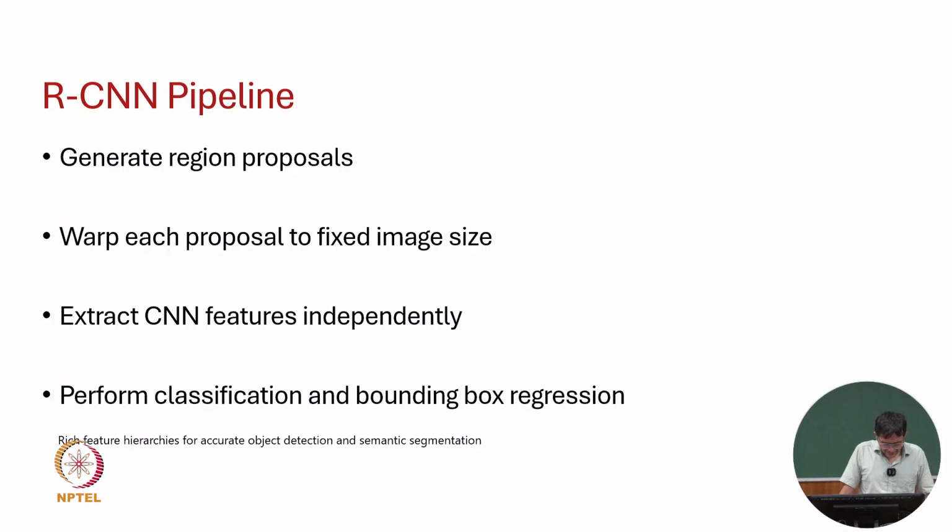Okay, with this, let us now start thinking about the RCNN pipeline. The pipeline will go like this. We start by generating region proposals. We warp each proposal to a fixed image size. Why would we do so? We'll come to that soon.